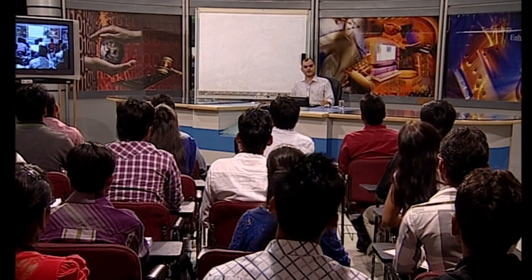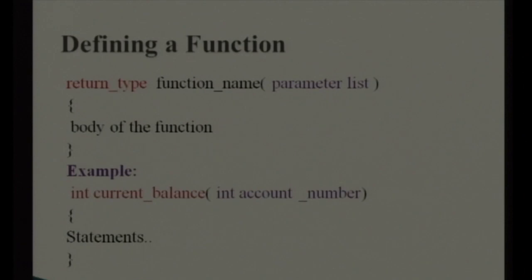For example, current balance suggests it is talking about some account and the balance currently available in it, and account number suggests something associated with an individual account.